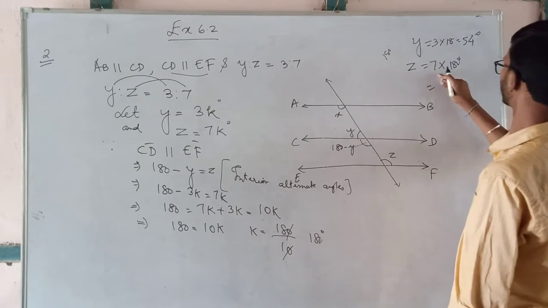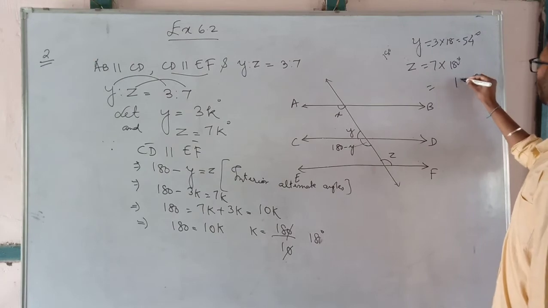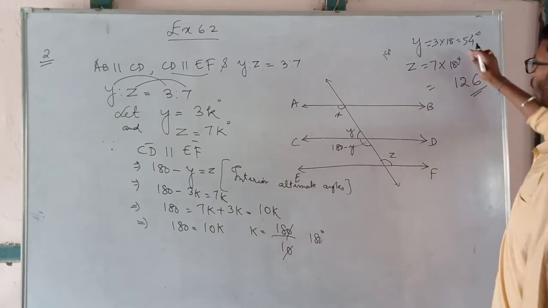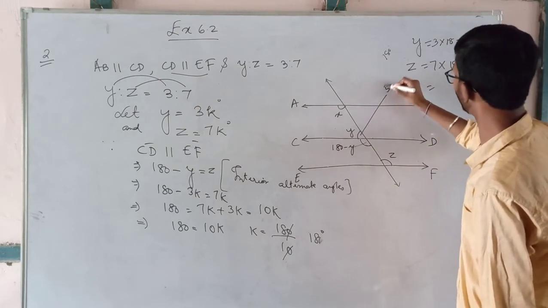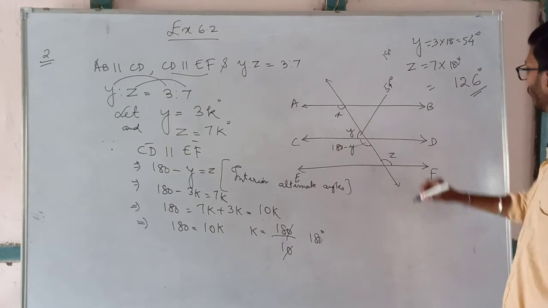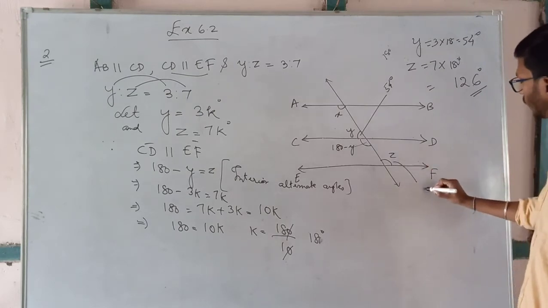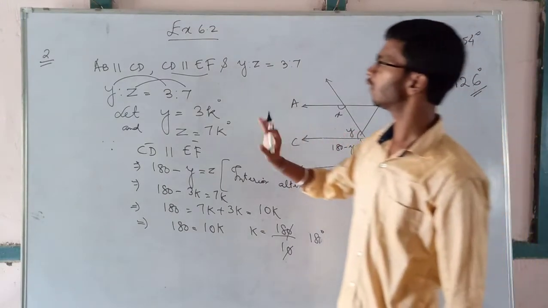How much you will get? 7 8 is 56. Get 5. 7 1 is 7 plus 5 12. So y value I got 54. And z value I got how much? 126.